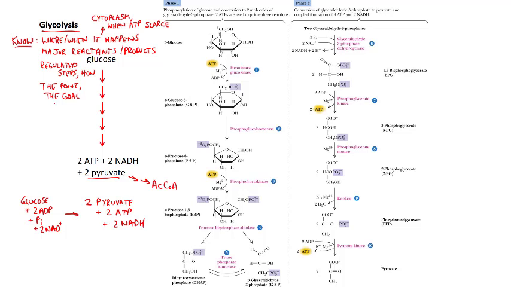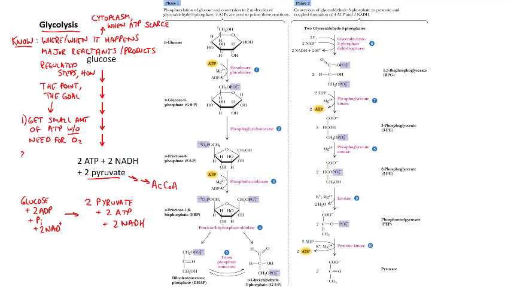The point or the goal. There are two goals. One, get a small amount of ATP without the need for oxygen. Oxygen is not involved in glycolysis, and it's not necessary for glycolysis. That's going to be important for reasons we're going to see later.